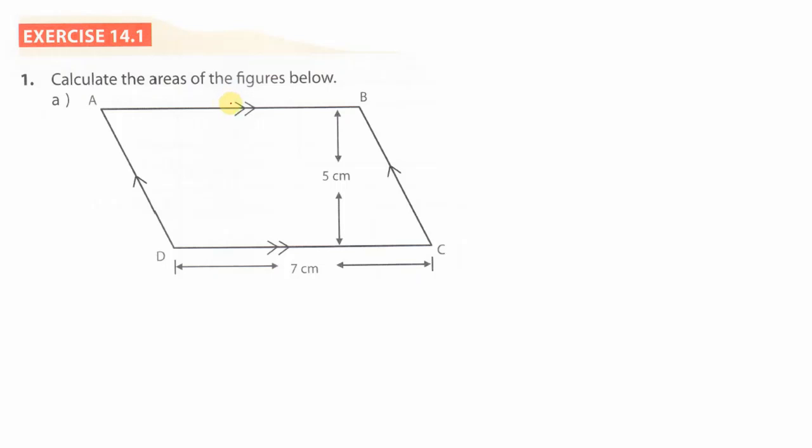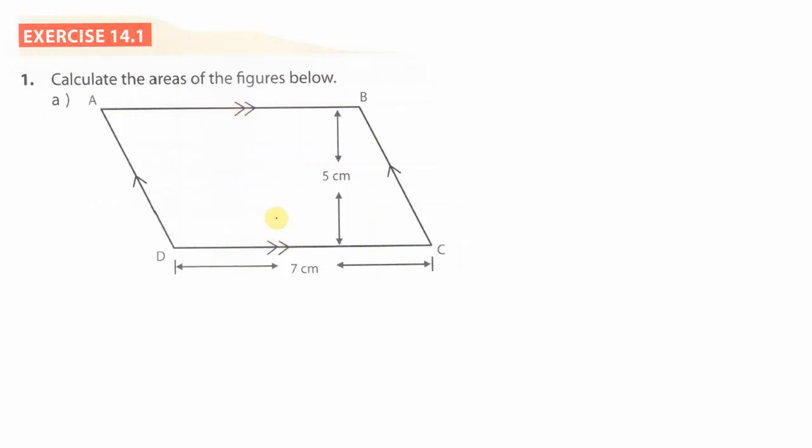So now that we have revised the formulas for the areas, let's work through a few examples. So number 1A of exercise 14.1, we can see we have parallel sides, opposite sides are parallel, and it is given that we have a perpendicular height of 5 centimeter, therefore we have a base of 7 centimeter.